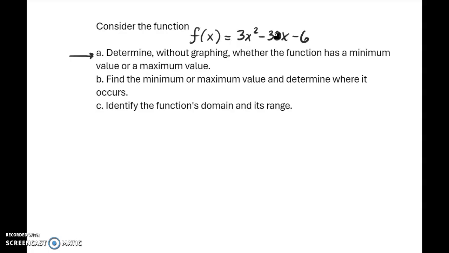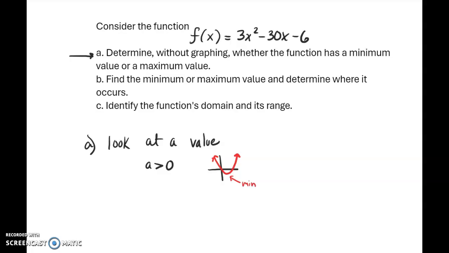to determine if you have a minimum or maximum value, you're going to look at the A value. And if the A value is greater than 0, that would mean that when you graph your function, it would be a parabola shape and it would open upward, meaning it would have a minimum value.